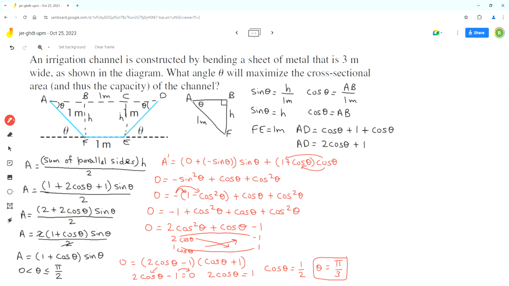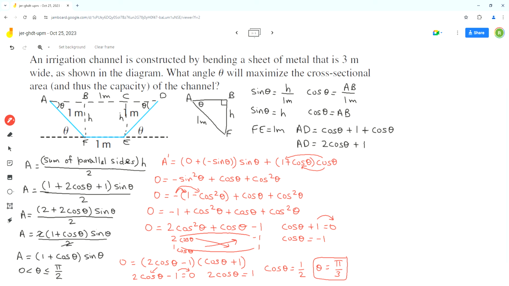Now we can analyze the second case, and the second case is cos theta plus 1. Now we can move the 1 to the right side, and that will make it negative. Now there is no theta value in the domain we found which will make cos of that angle equal to negative 1.